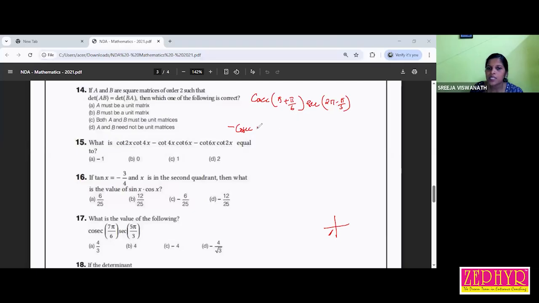So minus cosec pi by 6 into sec of 2 pi minus pi by 3, which is sec pi by 3. In the fourth quadrant, sec is positive. So minus cosec pi by 6, the reciprocal of sin 30, is 2, and sec 60 is also 2. Answer minus 4. Okay. Next question.